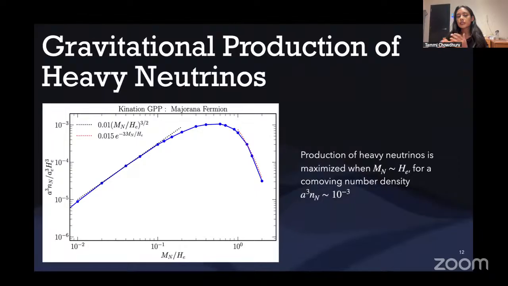What you see is that when the mass is close to the inflation scale, we get the maximum amount of production, about 10 to the minus 3. In the dotted lines, we have an analytic expression to map onto how they grow and fall.